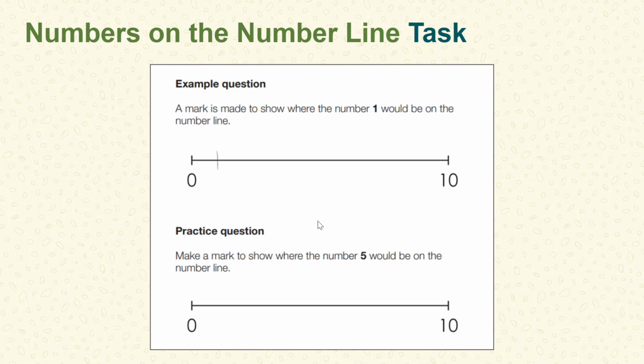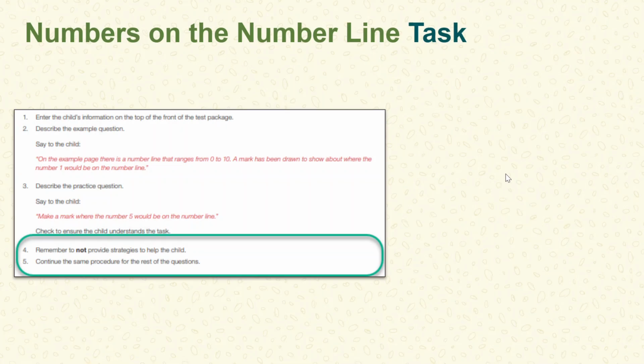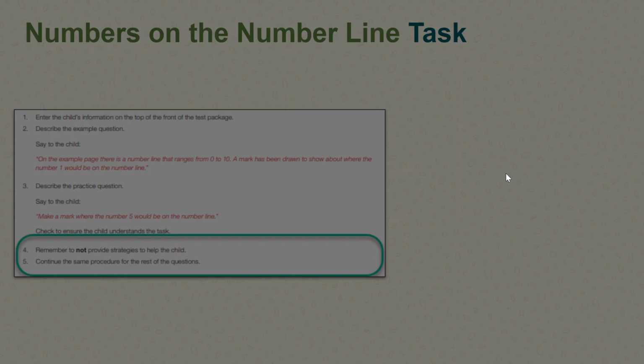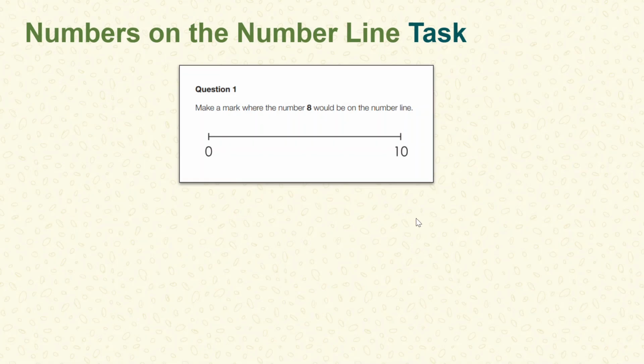Let them try it out on the practice question, and do not give the child any strategies to help. You will continue in the same way for the remainder of the questions. So here is question 1, for example, where the student would make a mark where they think the number 8 would be on the number line.